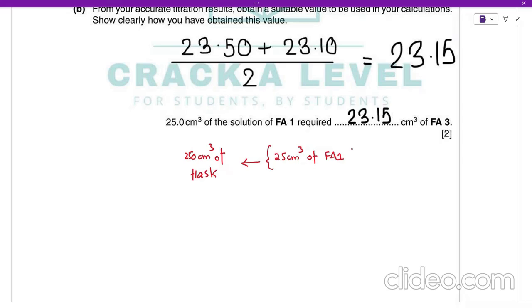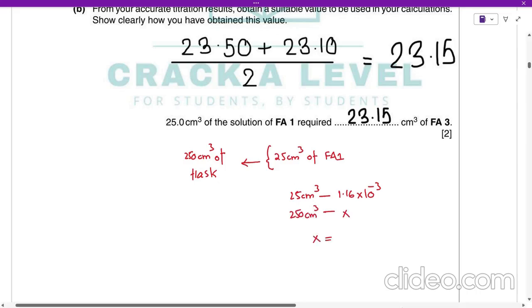Now what we are going to do is, if the 250 cm cube was made up of the salt, because you know that we dissolved that salt in the 250 cm cube, then 25 cm cube contained how much? 1.16, we just calculated right now. And so what will 250 cm cube contain? We can find this out by cross multiplying.